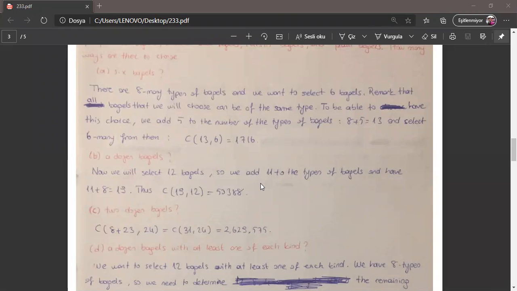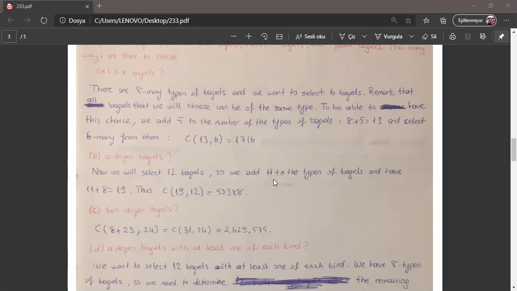For each of the 12 bagels, we need to have a choice to choose the same type. That's why we add 11 here.